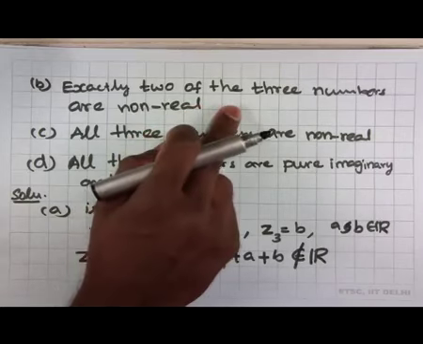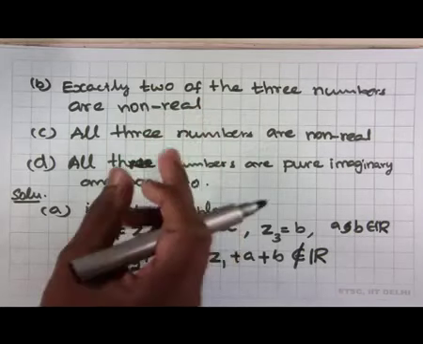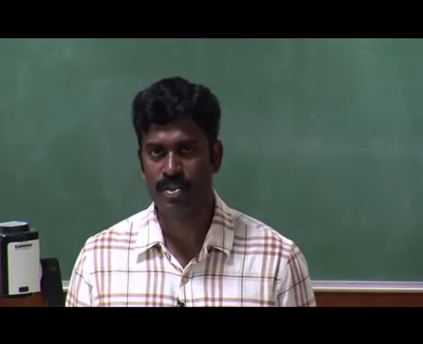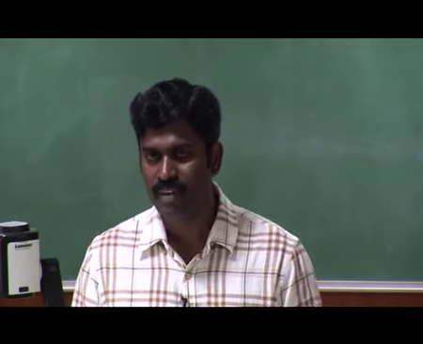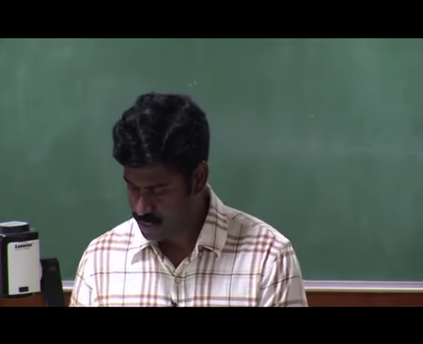Exactly 2 of the 3 numbers are non-real. So, whether we could provide a pair of complex numbers which together give a real number will satisfy our given condition. Let us see that.